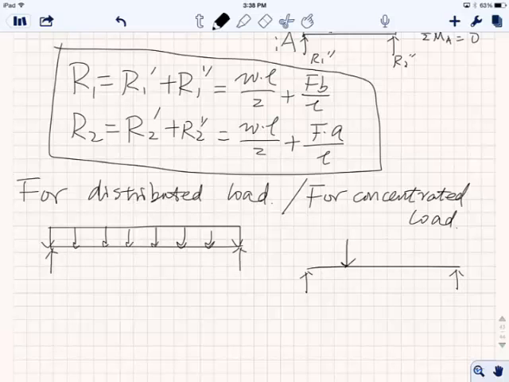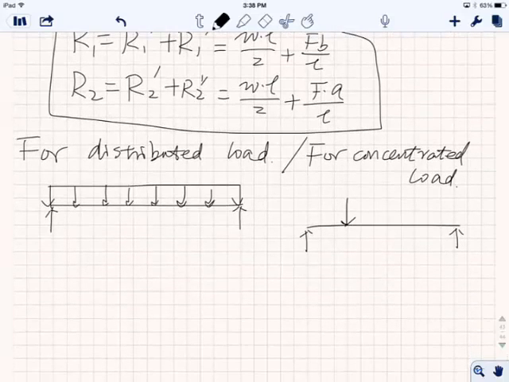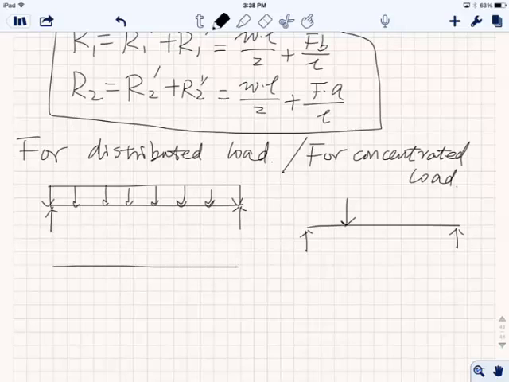But now, what's going to happen is these two different kinds of load will cause different deflection of the beam. For this case, your force here is going to cause the beam to deflect like that. So the maximum deflection is in the center.